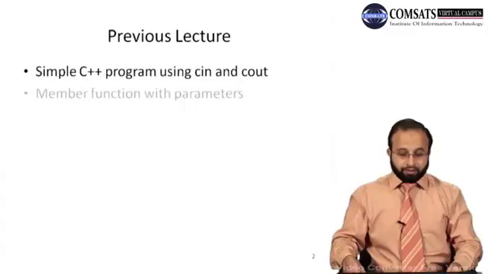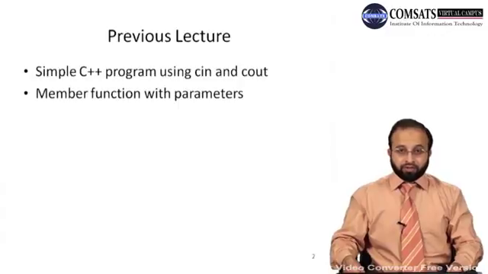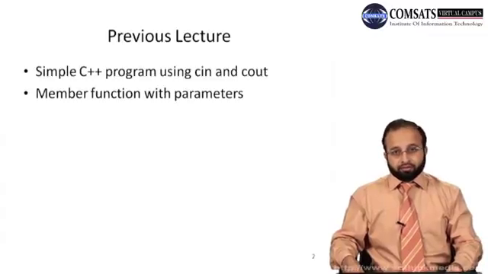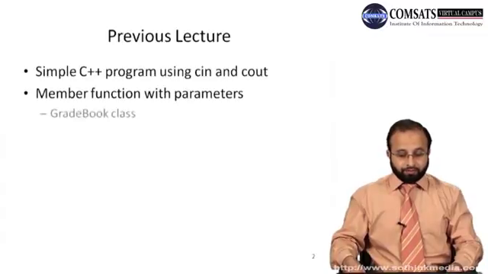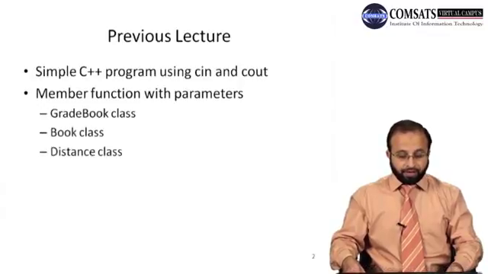The member function with parameters: we have seen the class member function, where we can write the definition, or we can write the member function so that we can pass parameters to these functions. We have seen some examples in the previous lecture: a gradebook class, a simple book class, and a distance class.